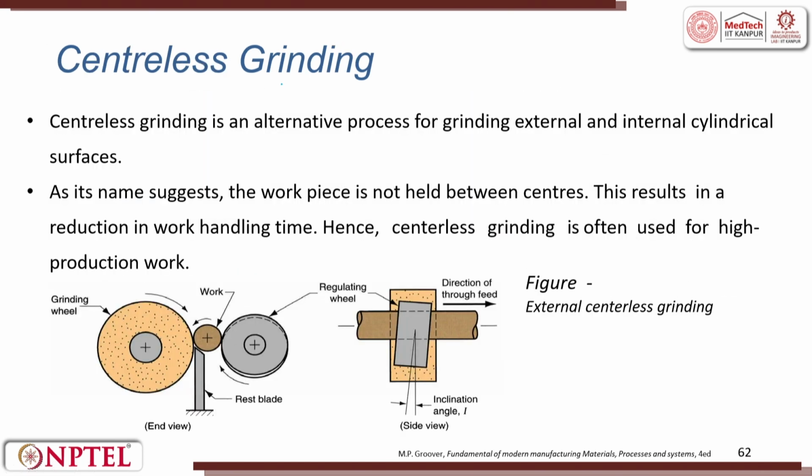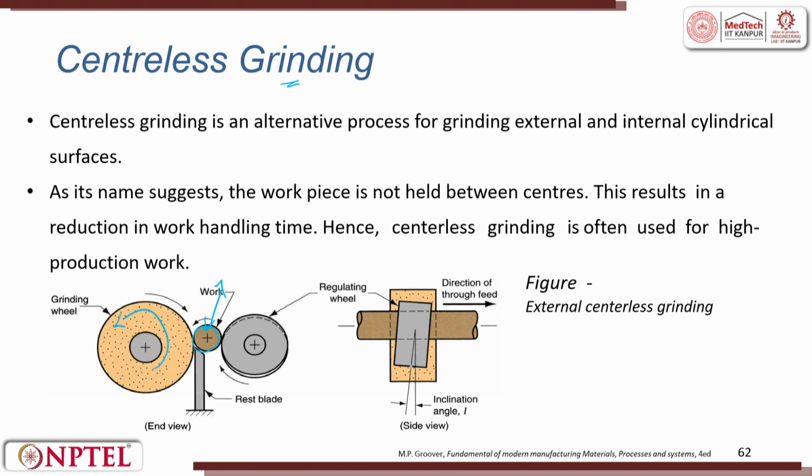The next one is centerless grinding. Wherever you have a long workpiece where the diameter is small and the length is long, you cannot hold it between headstock and tailstock. So, here we do a centerless grinding operation. Like in cylindrical grinding, the grinding wheel rotates at an RPM, then you have the workpiece, and we support the workpiece through a regulating wheel.